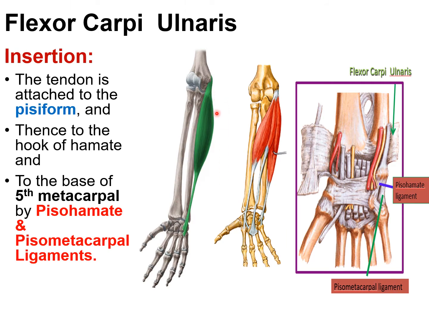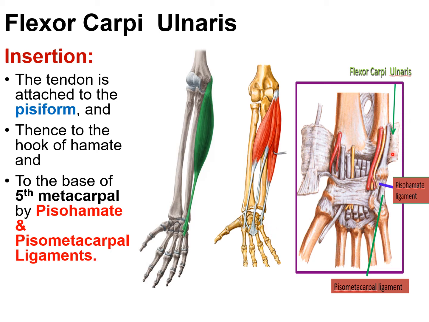The tendon of flexor carpi ulnaris gains attachment to the pisiform bone and hence to the hook of hamate and thereby to the base of fifth metacarpal by pisohamate and pisometacarpal ligament.